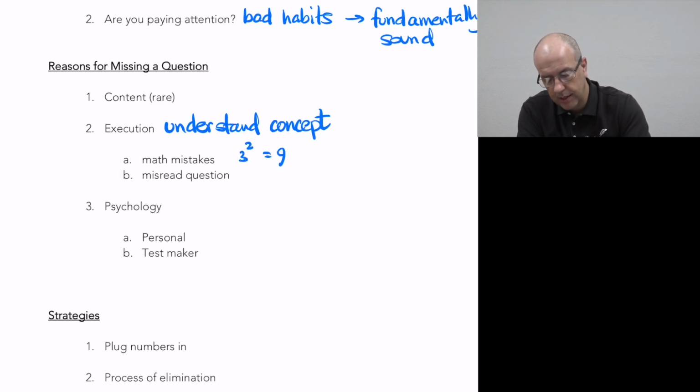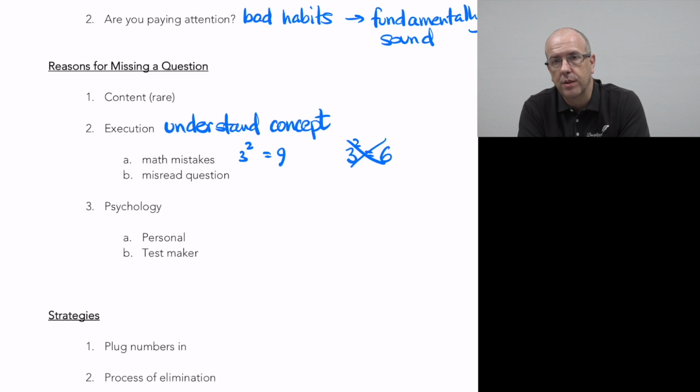A common example that I see is students will do 3 squared, and the correct answer is obviously 9, 3 times 3, but they'll rush through and say 3 squared is equal to 6 or something like that, where they do 3 times 2 instead of 3 times 3. So if we can avoid those, that amounts to a few more questions that you can get right.